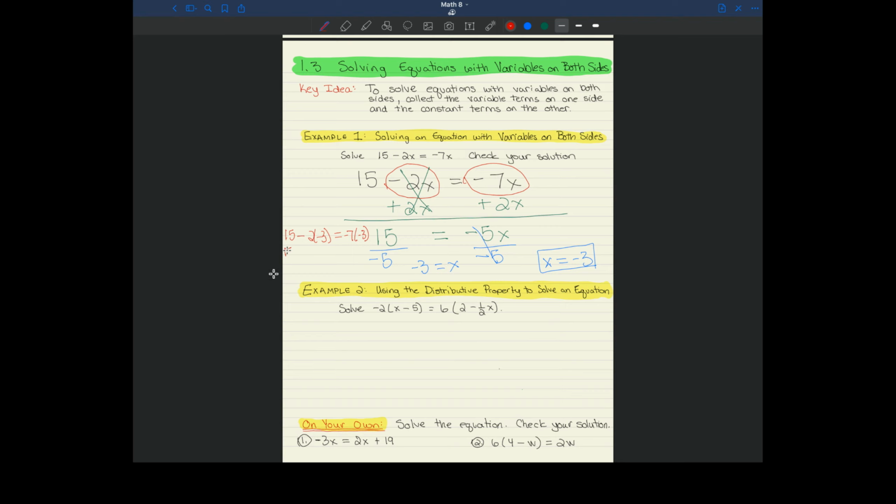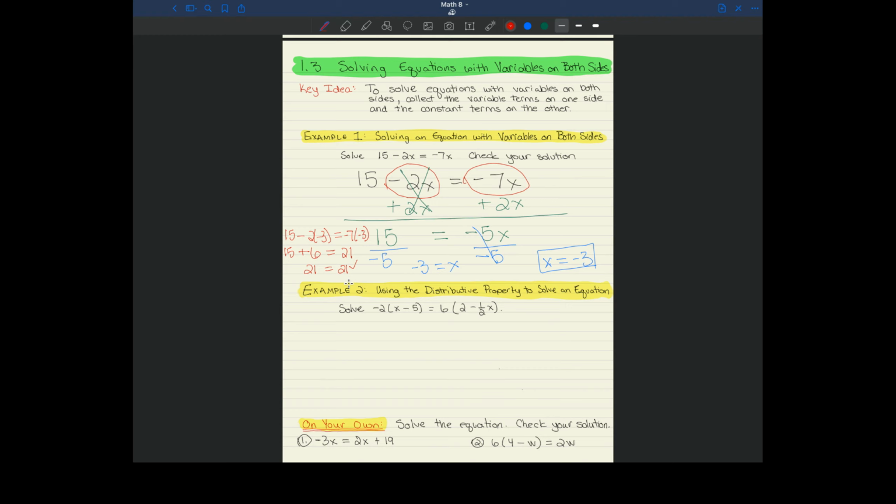Well, negative 2 times negative 3 is going to give me a positive 6. A negative times a negative is a positive. Positive 6. And then negative 7 times negative 3 is positive 21. 15 plus 6 is 21. And 21 equals 21. So that's my check.